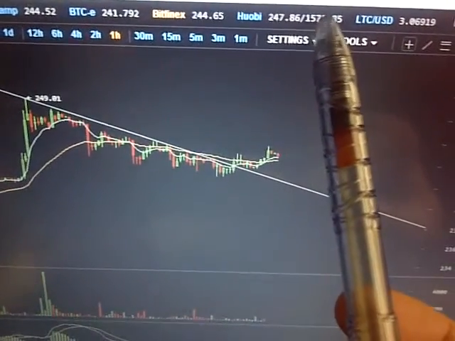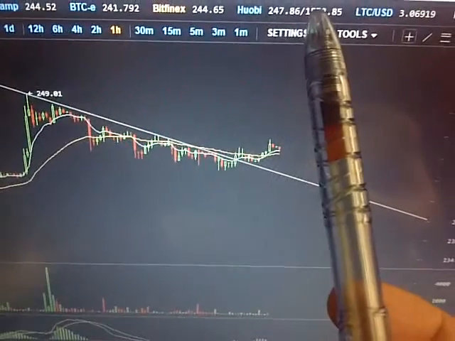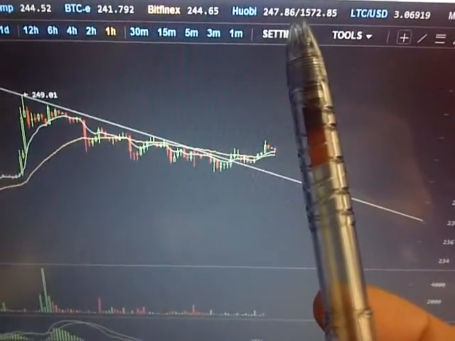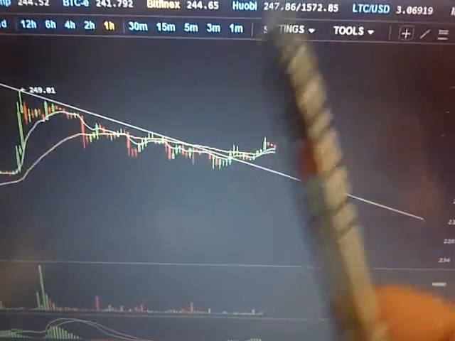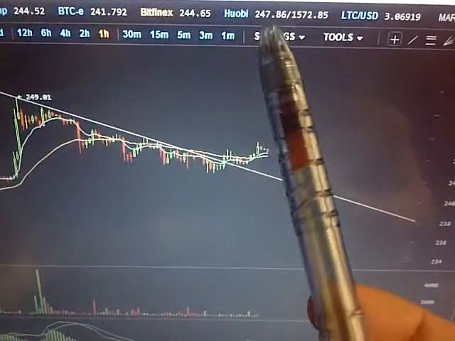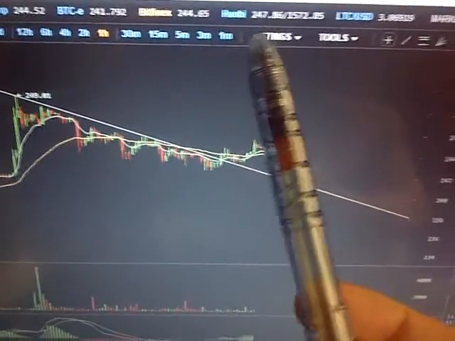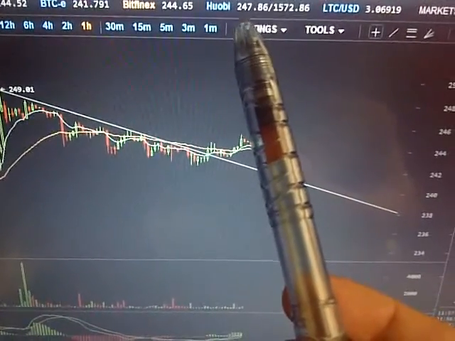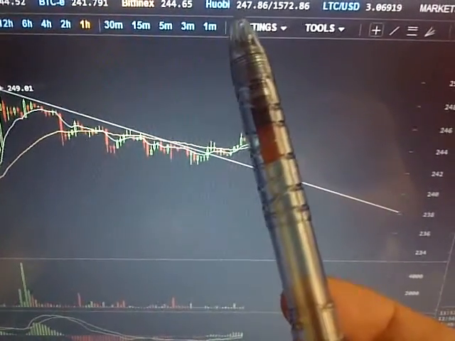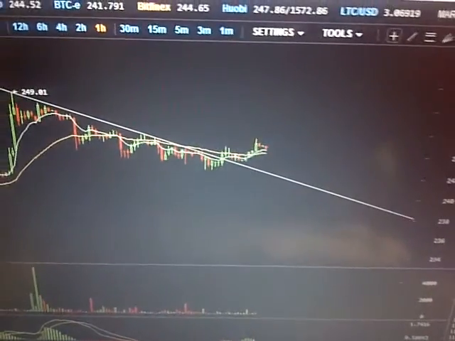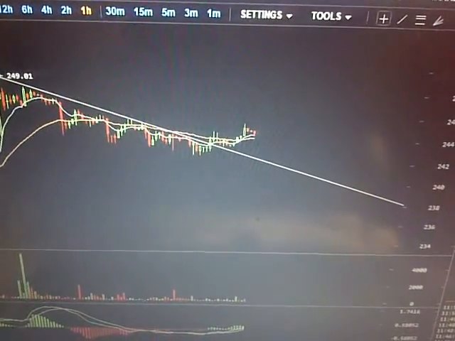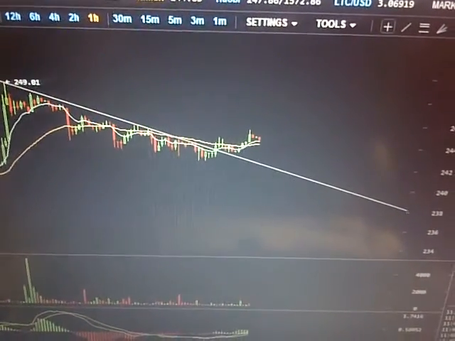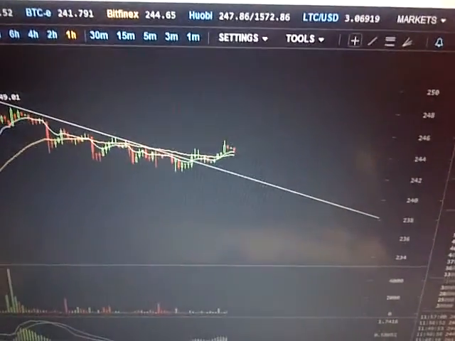So don't think that just because you cash out in Chinese money that it doesn't reflect on US dollar prices. It does, but it doesn't float that much. The thing about Chinese money is that it's relatively flat for the most part.